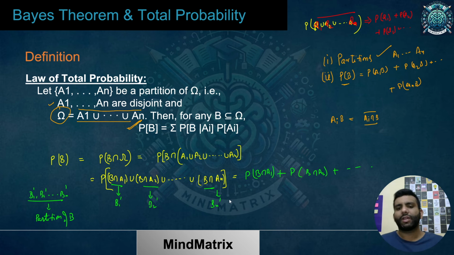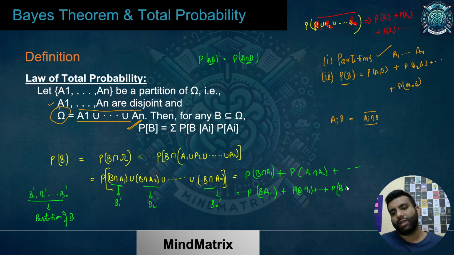I can write it as P of BA1, which is the usual notation I use: P of AB is equal to P of A intersection B. AB means A intersection B. So this will be P of BA1, P of BA2, up to P of BAN. I hope this is clear.